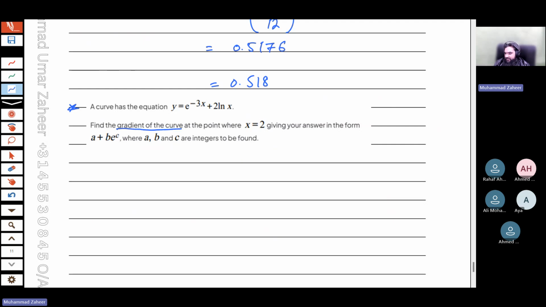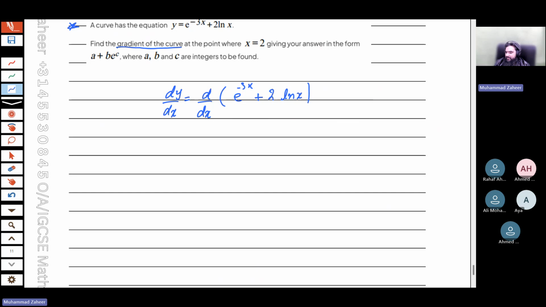So we have to find the gradient of the curve. Let's see how to take the derivative. dy by dx is d over dx of e power minus 3x plus 2 natural log of x. The derivative of the exponential is as it is, times the derivative of the power, minus 3x, which is minus 3.